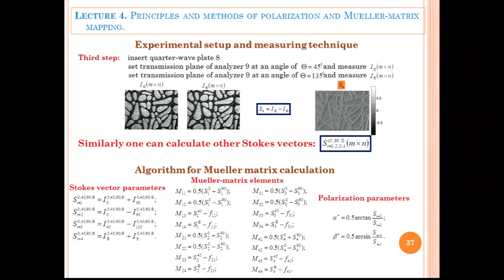And this is the calculation of polarization parameters, or so-called polarization maps: azimuths and ellipticities of polarization. For the azimuth of polarization, you divide the third Stokes vector element by the second one and take the arctangent. The ellipticity parameter depends on the fourth Stokes vector parameter.